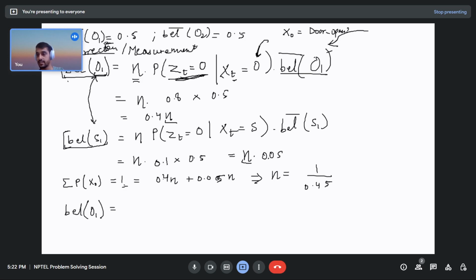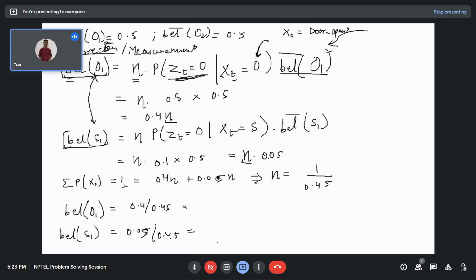So now finally you have your updated beliefs after the measurement. First you had them after the prediction, and then you have them after the correction or the measurement. That is 0.4 divided by 0.45, and if it is shut, that is 0.05 divided by 0.45. So we'll just quickly calculate the values.